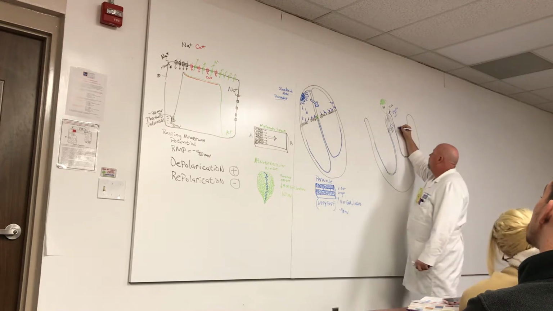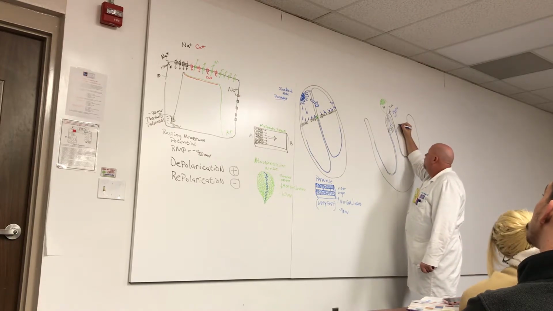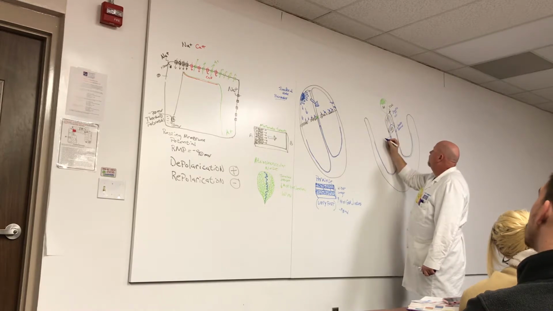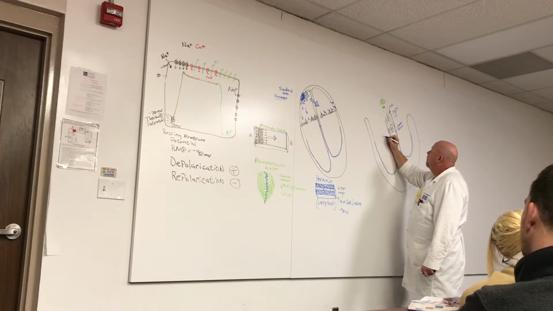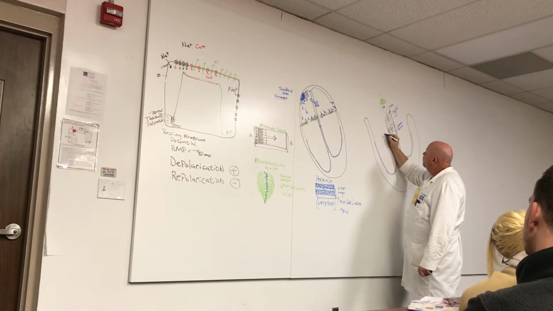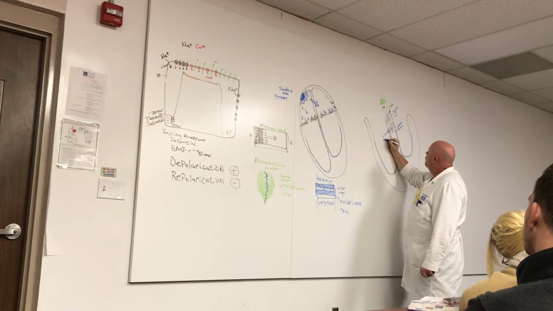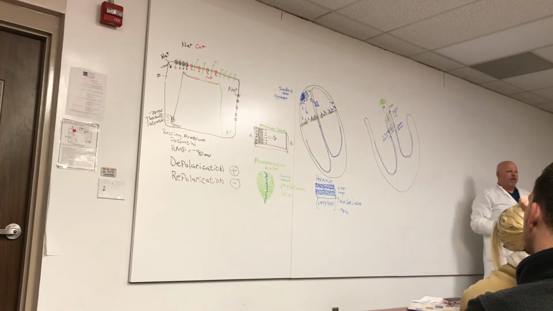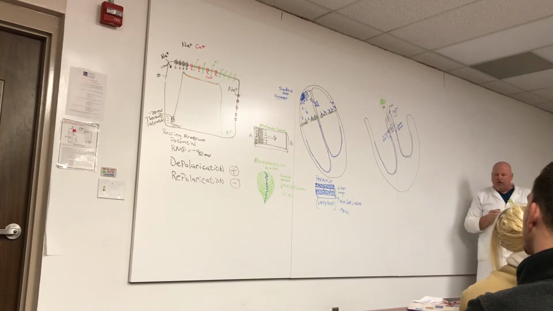This is called the left bundle branch, and this is the right bundle branch. So we have left and right bundle branches.